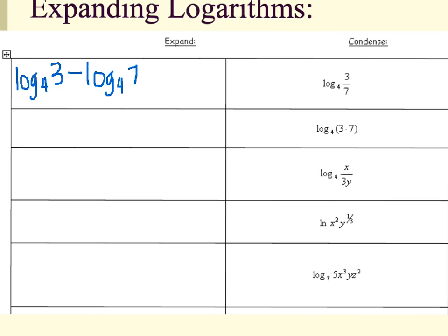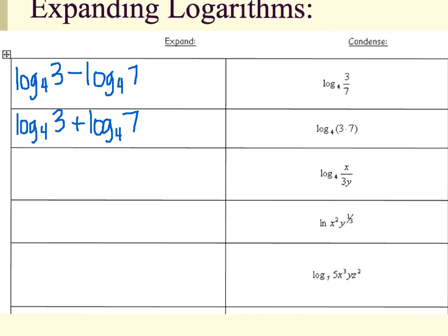And we just want to expand it. We don't want to simplify here. This right here is a multiply sign. So we change multiply into addition. We're going to separate it and put it into addition. So this will become log base 4 of 3 plus log base 4 of 7.